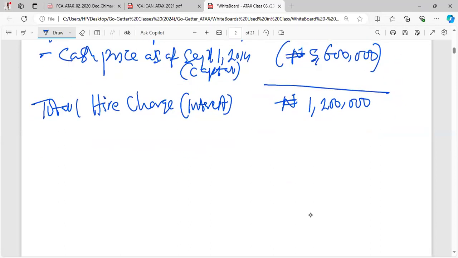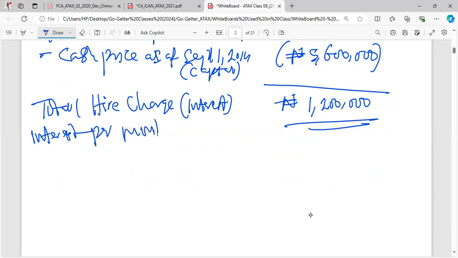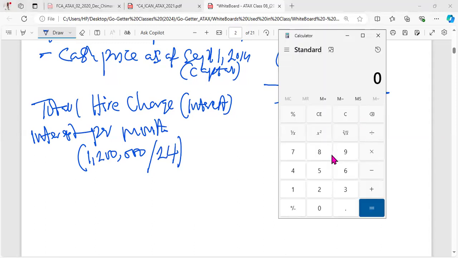Now this is the total interest you are having here. You will now say interest per month will now be 1,200,000 divided by 24 months that you are paying the interest. Let's try it again. 50 multiplied by 24, 1,200,000.